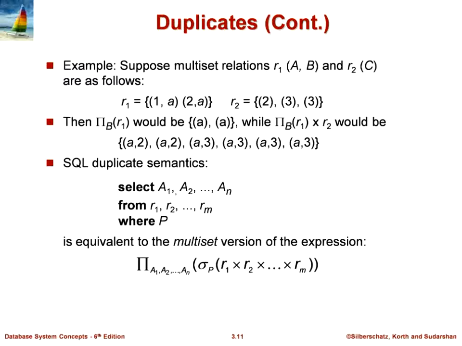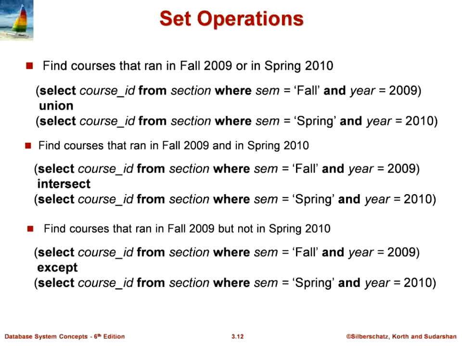So the SQL semantics will be select A1, A2 up to AN from R1 up to RM where P is the predicate.